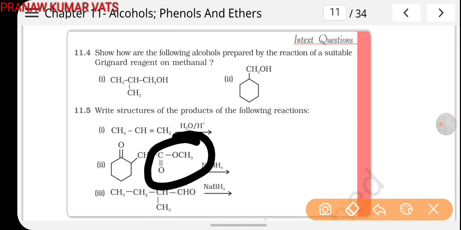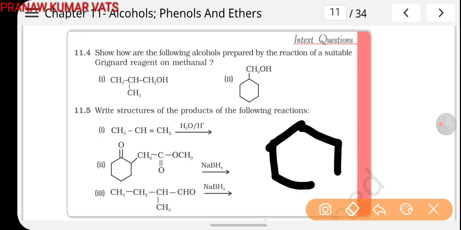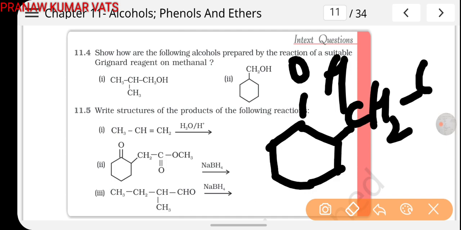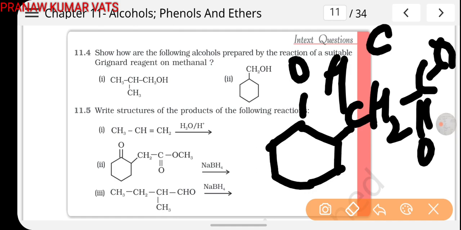Only ketonic C=O is reduced, so this will be our product.